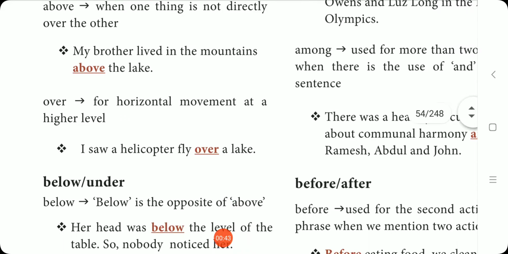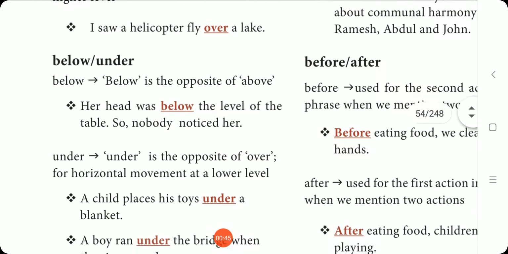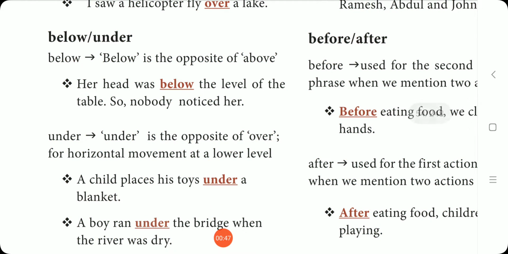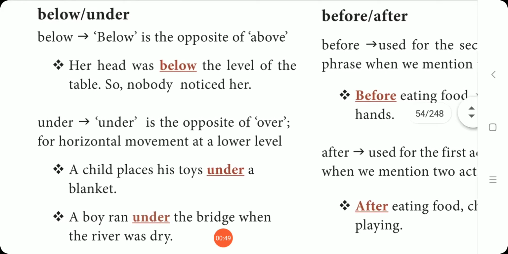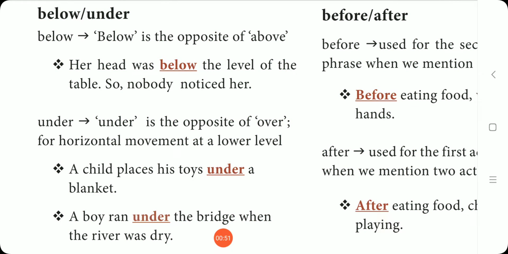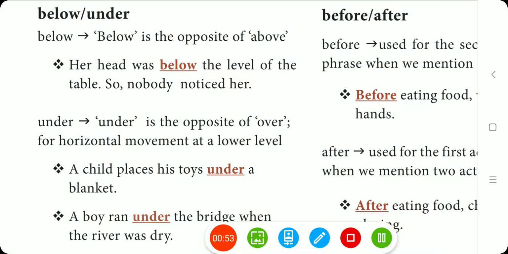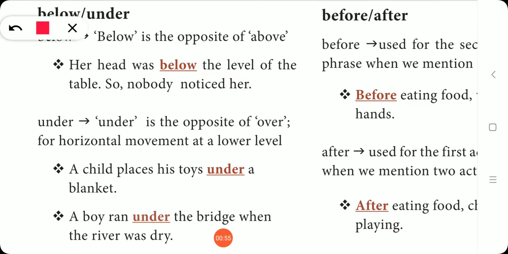In this class we are going to see where to use the prepositions below and under, right? Below is the opposite of above, and under is the opposite of over for horizontal movement at a lower level.